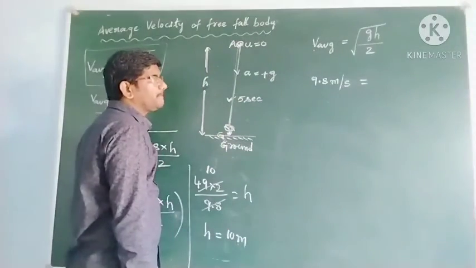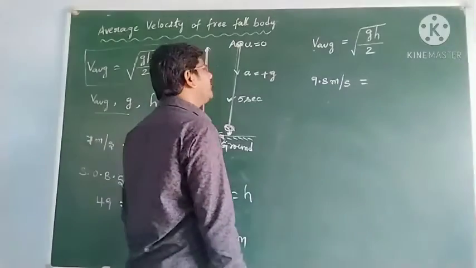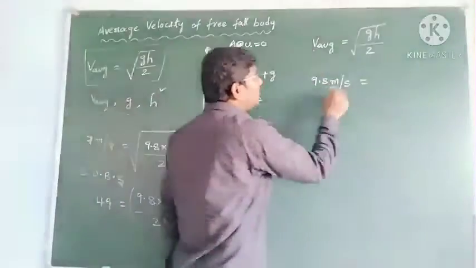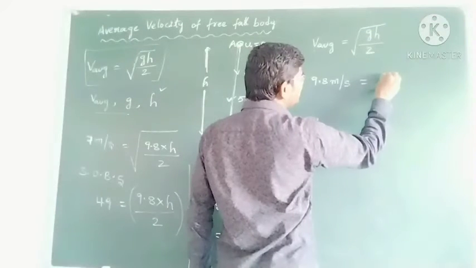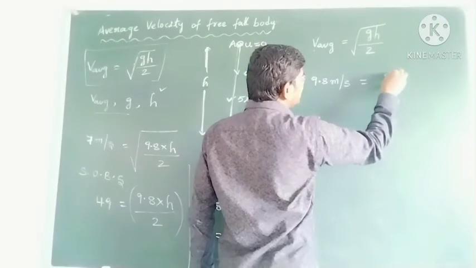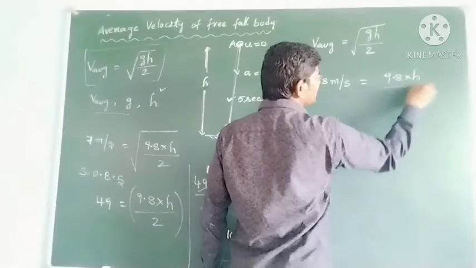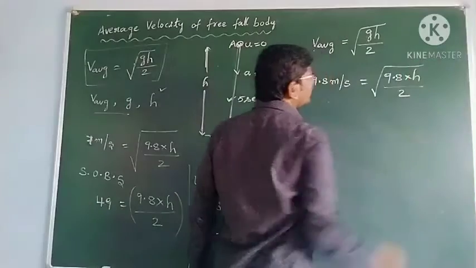Find the height, I am asking the height. So it is 9.8 meters per second, and this g value is 9.8 into h, that we have to find, by 2, under the root.